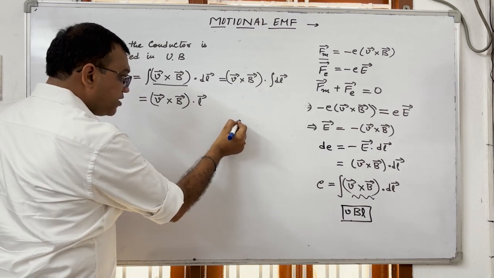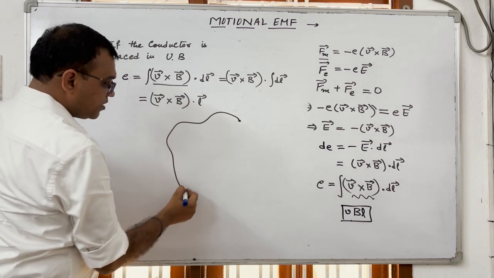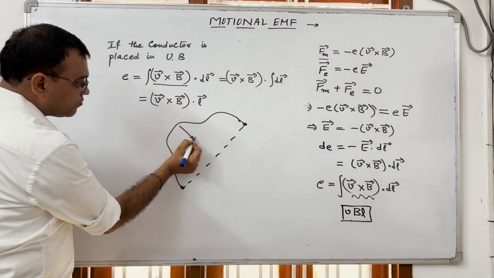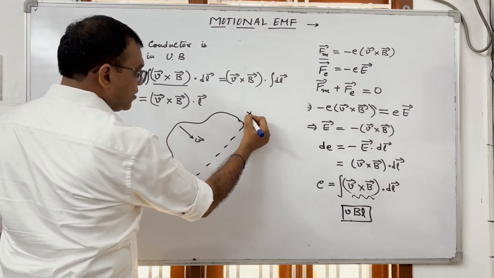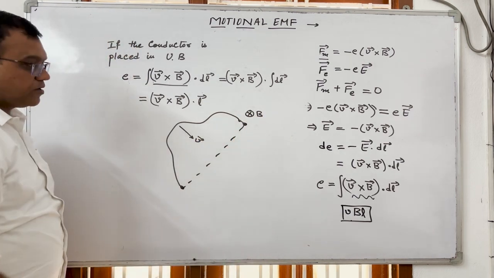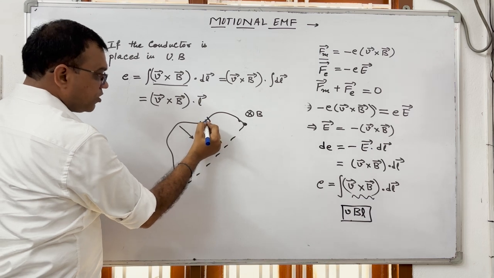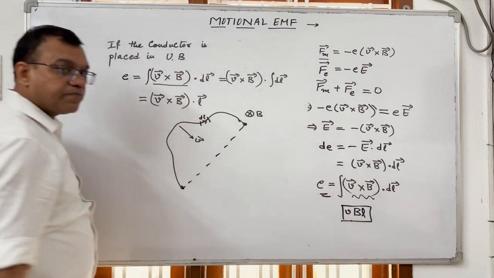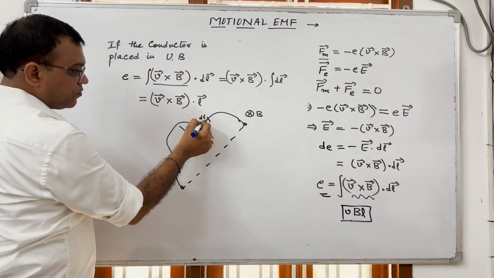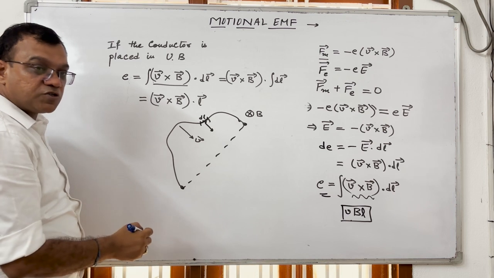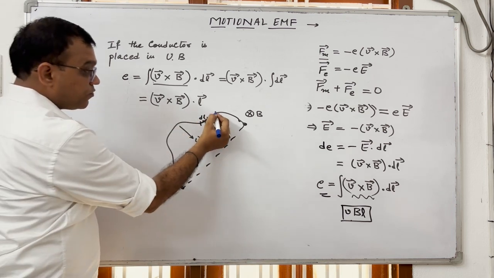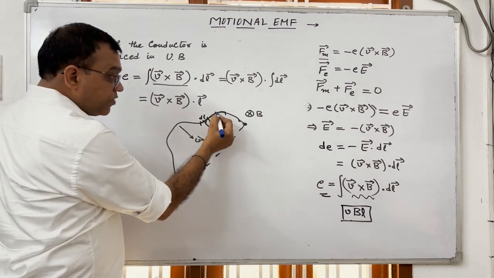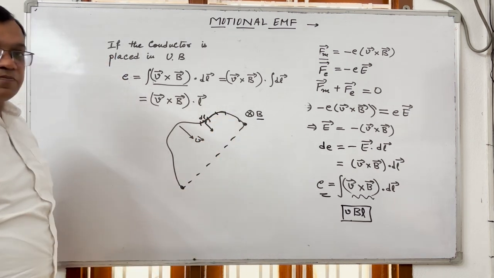Let us consider any arbitrary shaped conductor. It is moving with some velocity vector v in a magnetic field B. You take a small length dl vector, and for this you use this formula. Then V cross B dot dl for this part, this part, this part, you will find V and B are both the same for all.